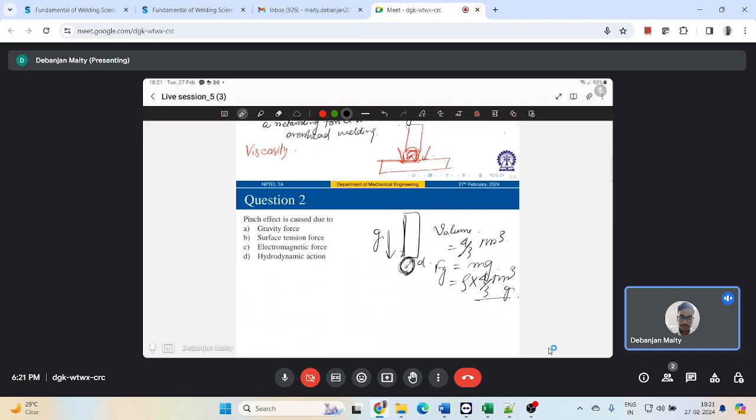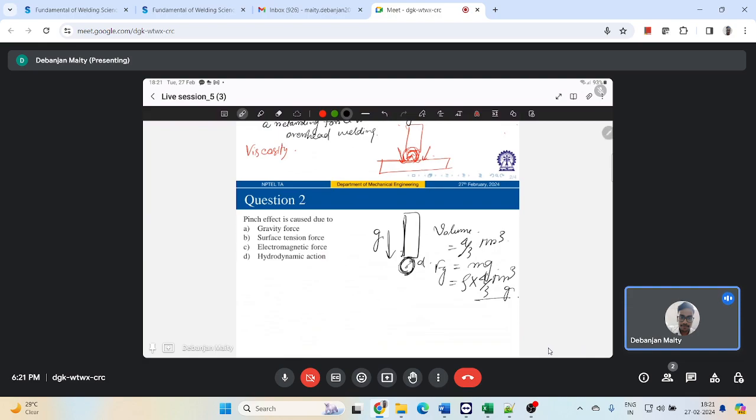Now, what other forces can you think of? We have talked about viscosity, we have talked about gravity force. Then you have the force due to impact which takes place, right?